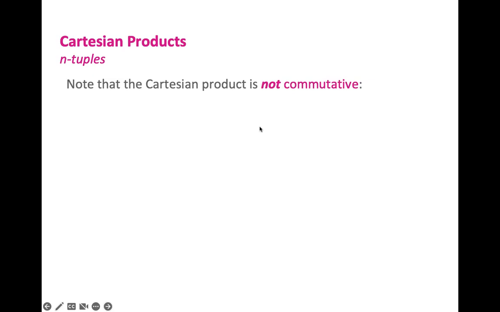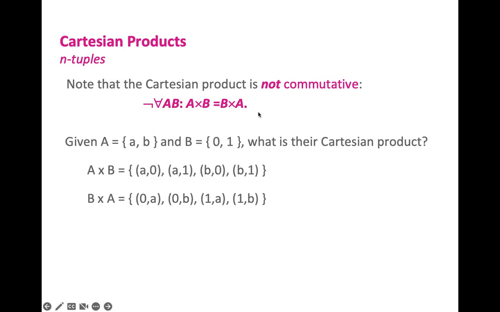Now note that again, the Cartesian product is not commutative. So the order is very important. A times B is not equal to B times A. Suppose we have a set A having elements a and b, and set B having elements 0 and 1. So what will be the Cartesian product?